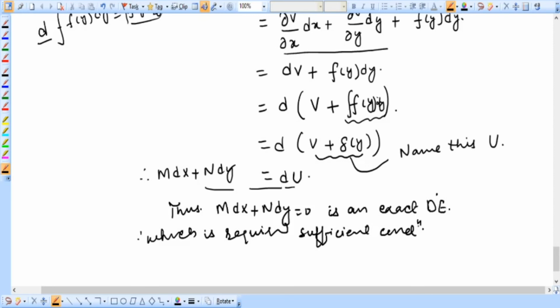So the sufficient part has also been proved, and the necessary part we already proved. Hence we have proved the theorem, right?